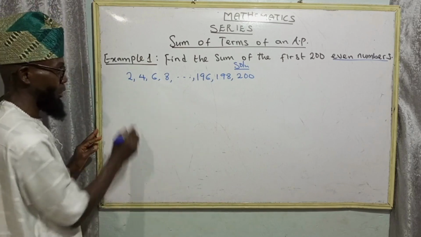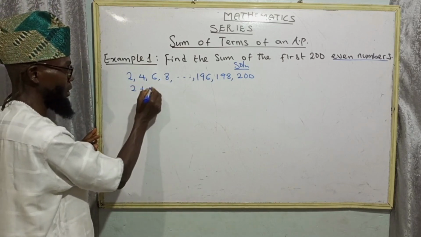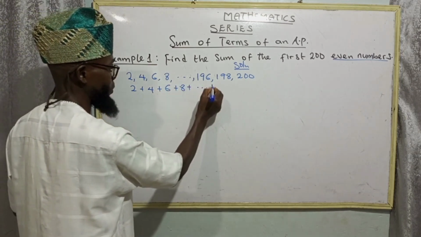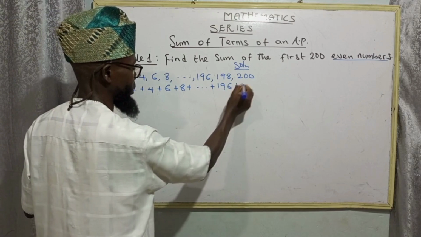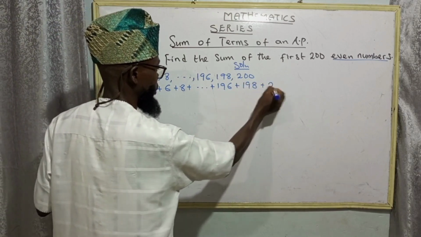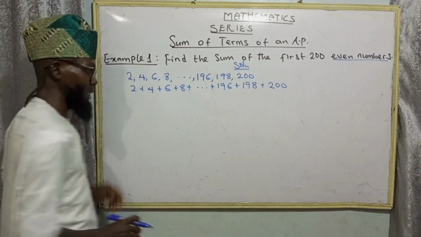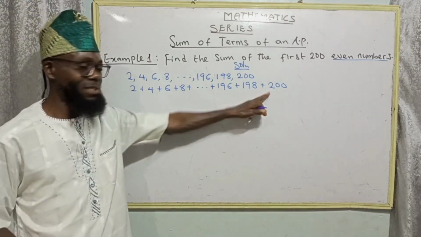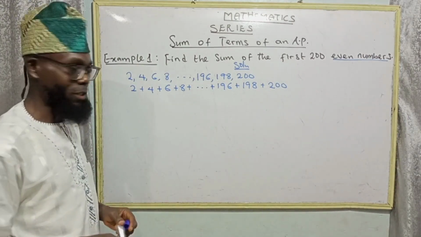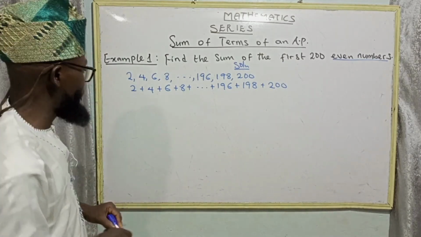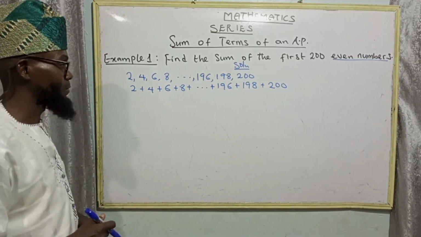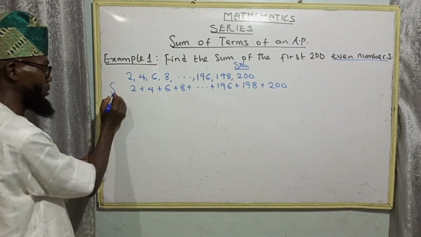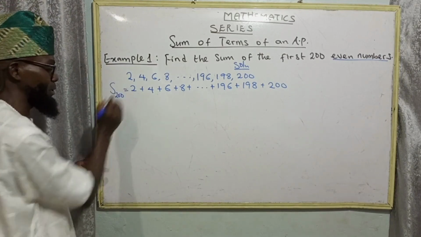To put up the sum, we have 2 plus 4 plus 6 plus 8 and so on, plus 196 plus 198 plus 200. Definitely, this type of series is called a finite series because we can find the last term to be 200. Let me say this is a sum of 200 terms.